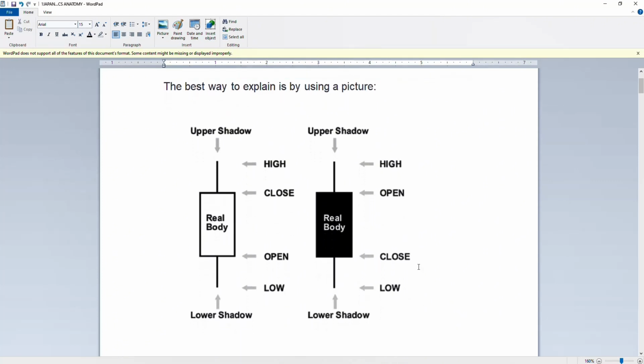Now, how are candles designed? A candle has a body, a high, a low, an open, and a close. And the size of a candle is going to determine the strength and the weakness of the buyers in the market.